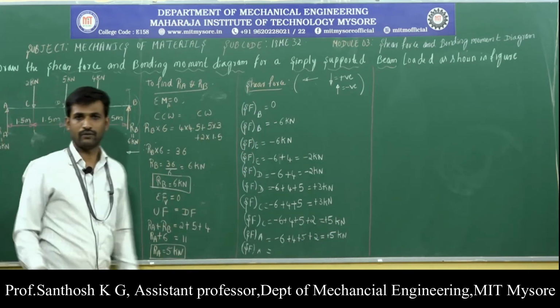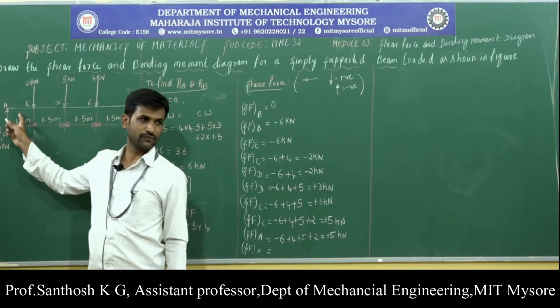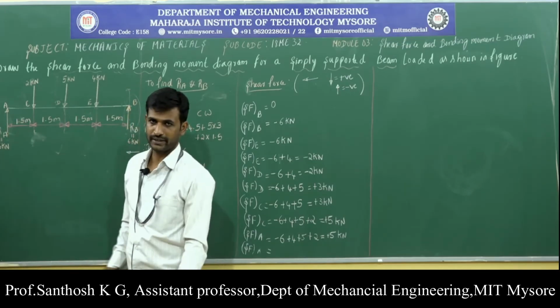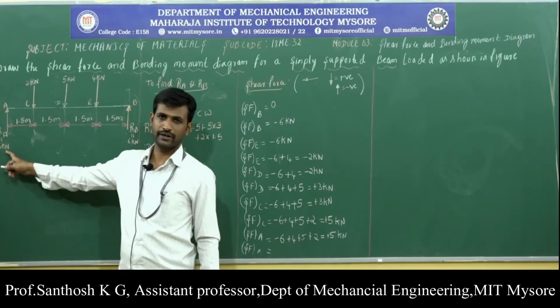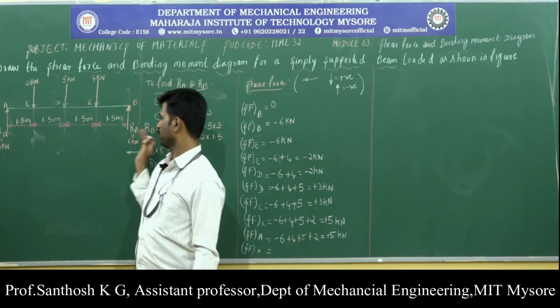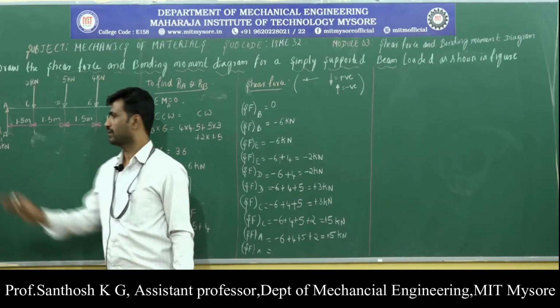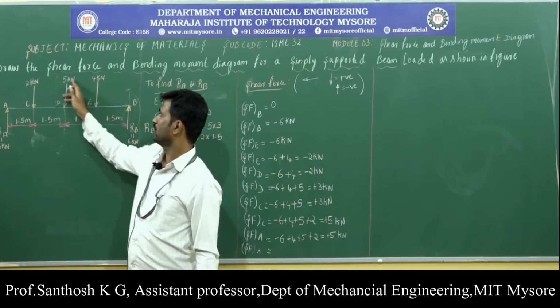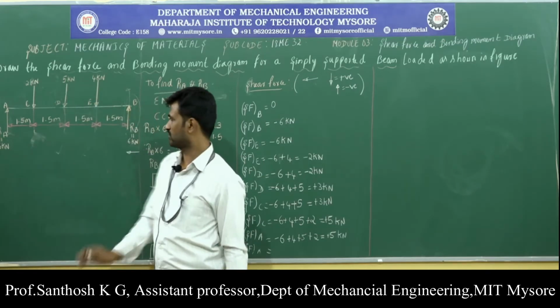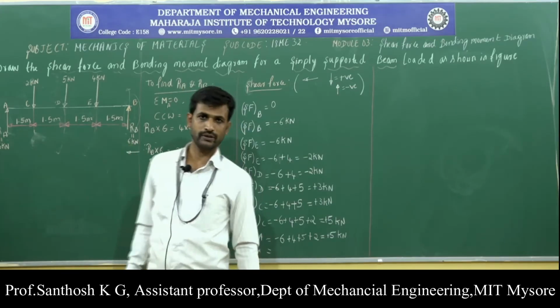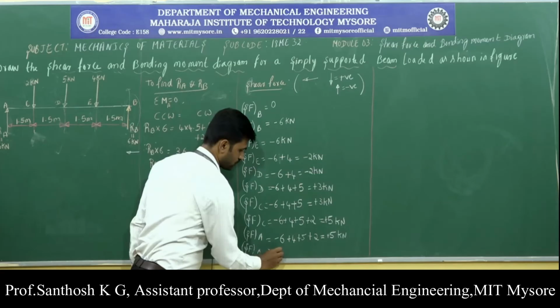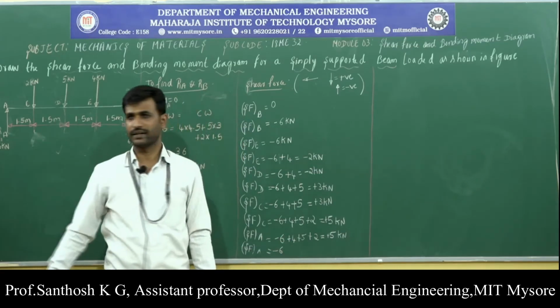And now let us try to find the shear force that will be acting at point A by considering the shear force acting at point A also. When you move from right to left, we get totally 5 forces. The first force is an upward 6 kilonewton force, and an upward force is negative.